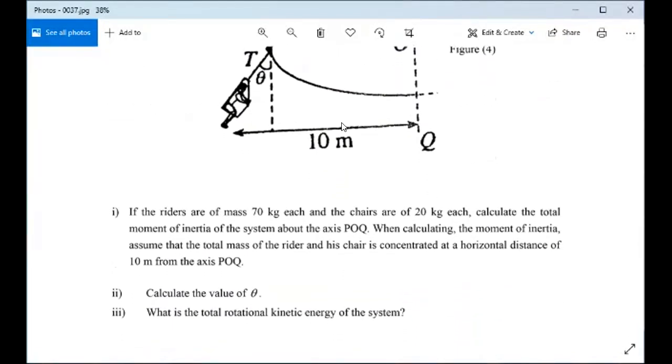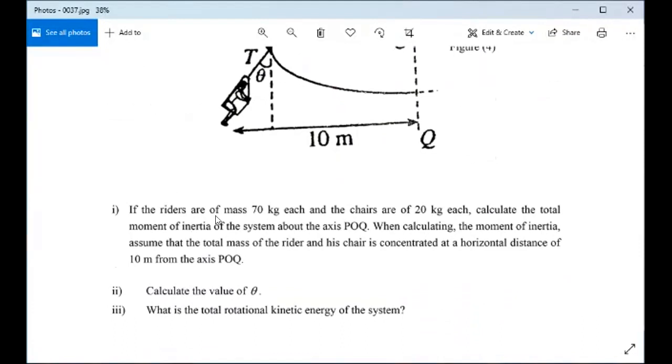If the riders are of mass 70 kg each and chairs are of 20 kg each, calculate the total moment of inertia of the system about the axis POQ.